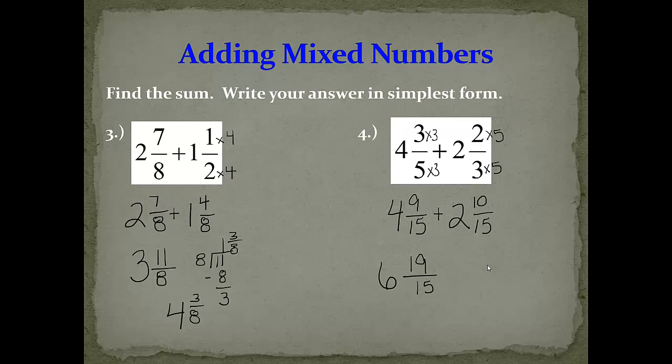We'll do that by dividing 19 by 15. 15 goes into 19 one time, and 1 times 15 is 15. When we subtract, we're going to get 4. So I'd have 1 4/15.